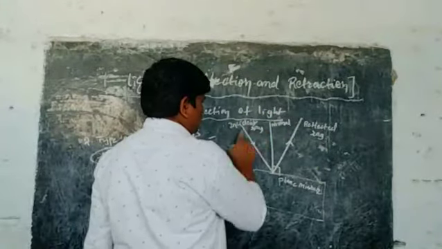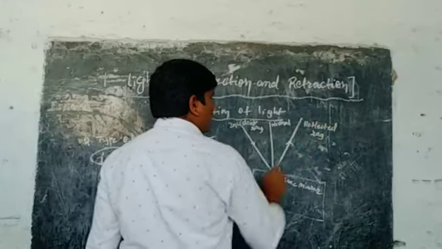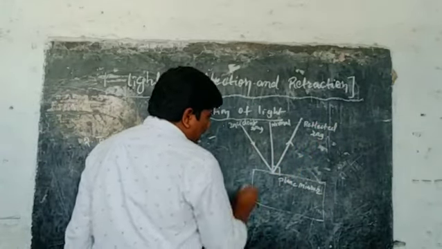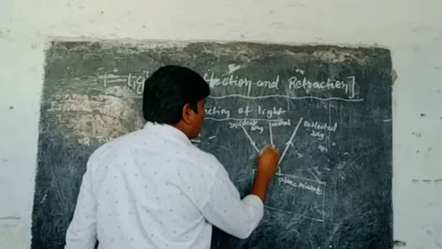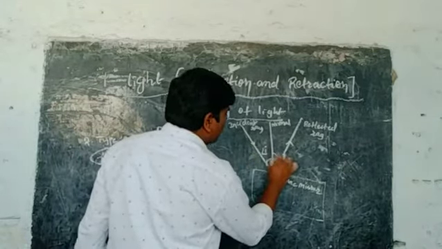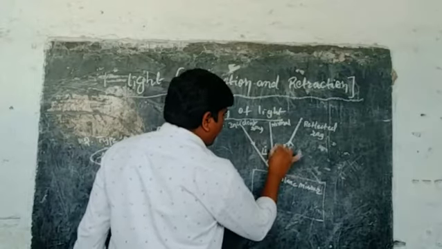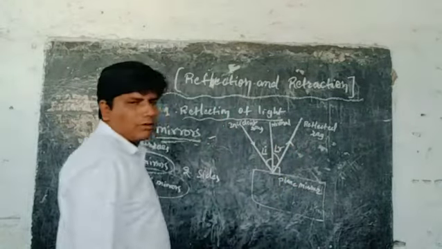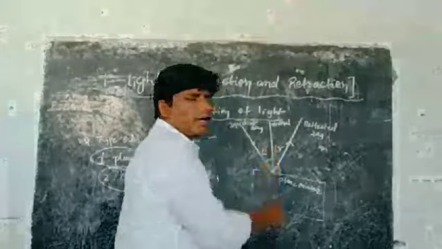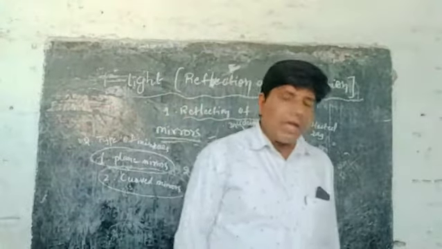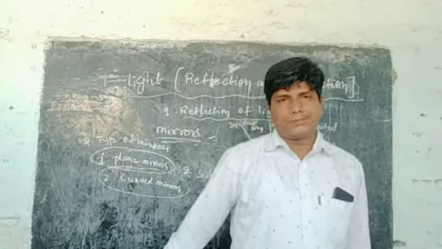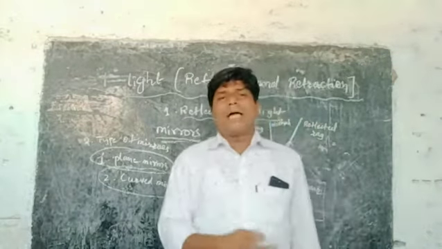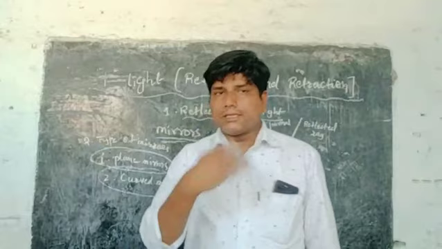So, incident ray, normal, reflected ray. The angle between the incident ray and the normal is called the angle of incidence. The angle between the reflected ray and the normal is called the angle of reflection. So angle I, angle R. And we have laws of reflection. About that, we continue in the next session.